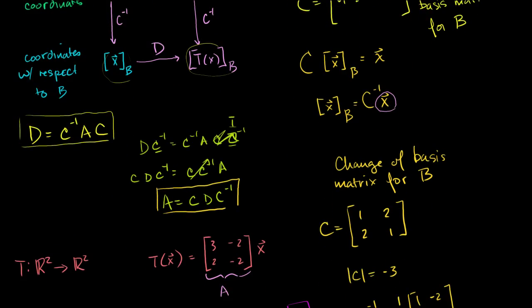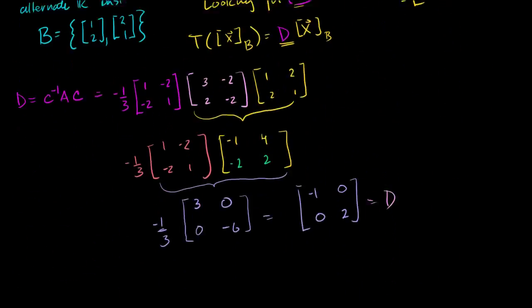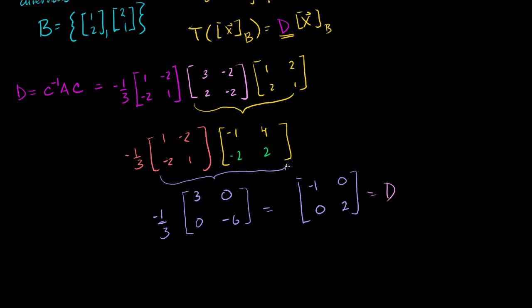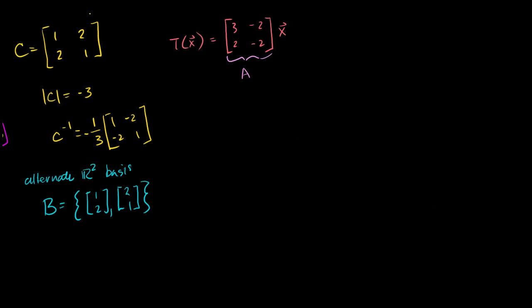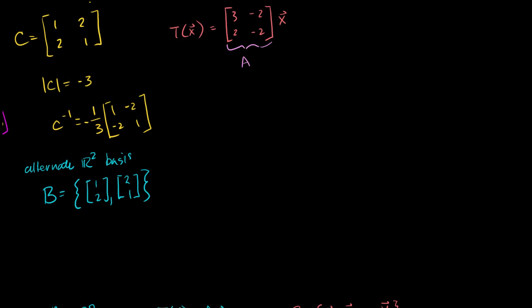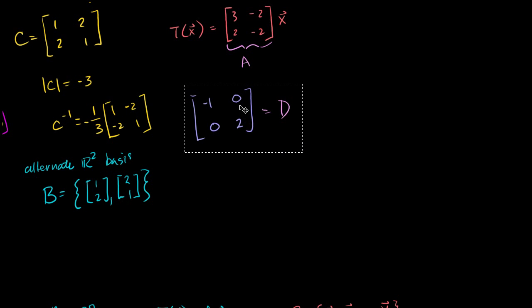So D, which was the big takeaway from the last video, was equal to this right here. Let me copy and paste that. And now we have all of our takeaways in one place. And what I want to do in this video is to verify that D actually works.